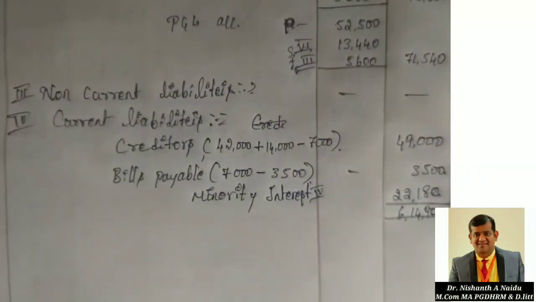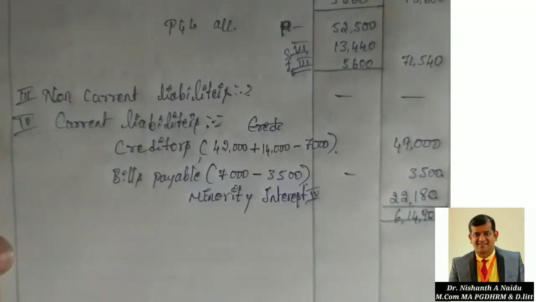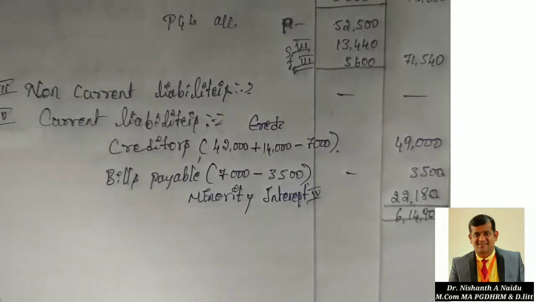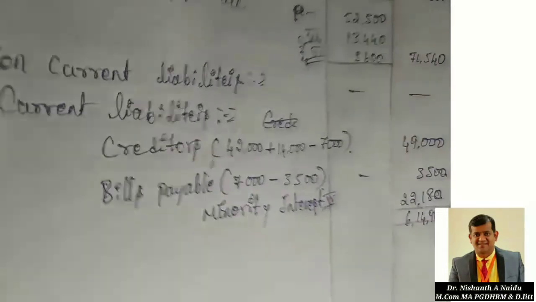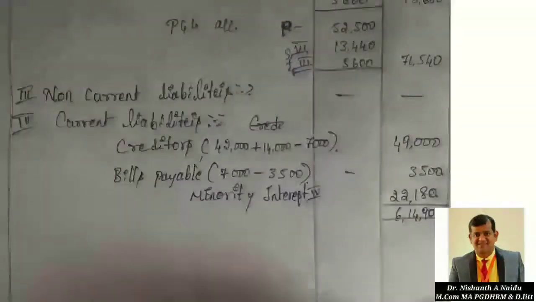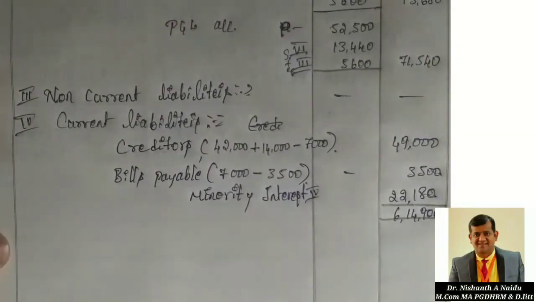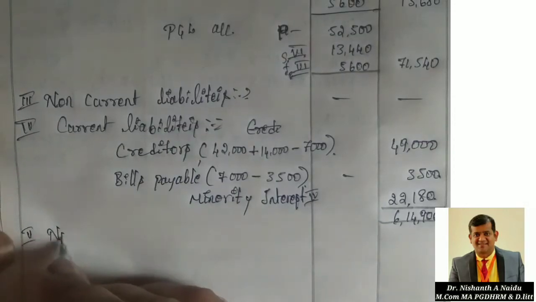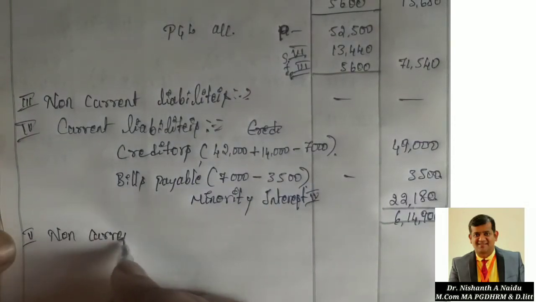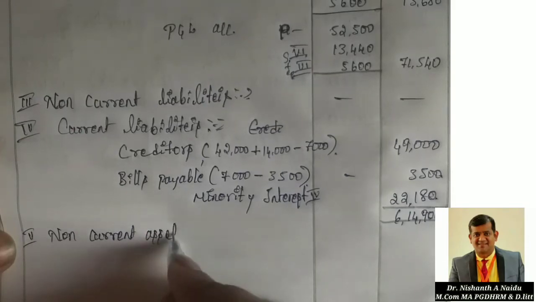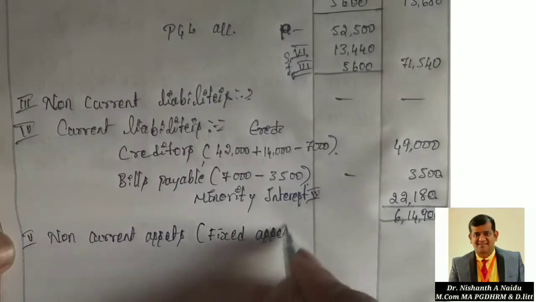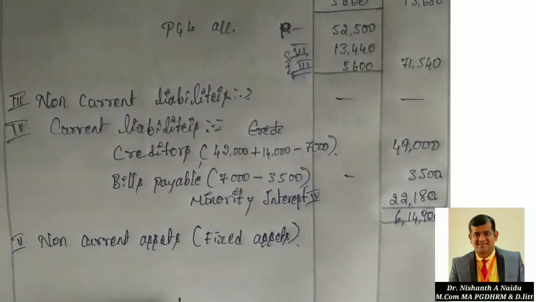Okay. Let's move to the asset side part. When we go to the asset side, we have to be very careful about depreciation and appreciation. First we are going to take the fifth head, non-current assets, that is nothing but fixed assets.